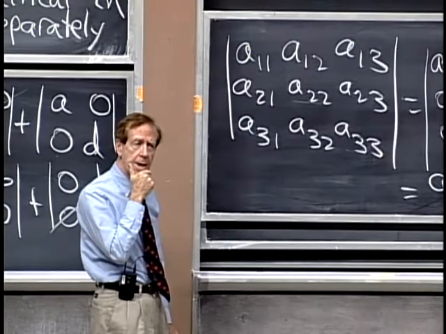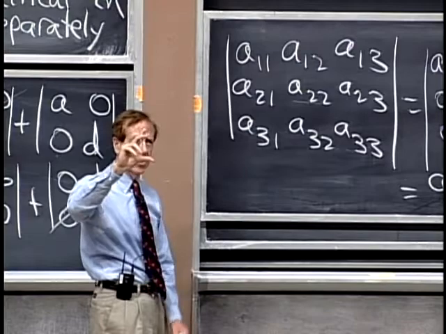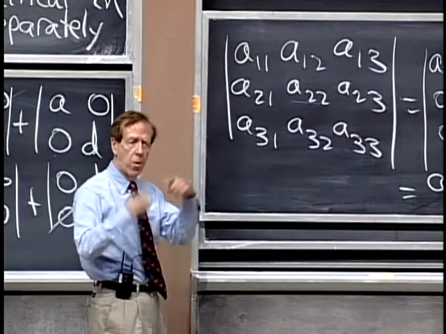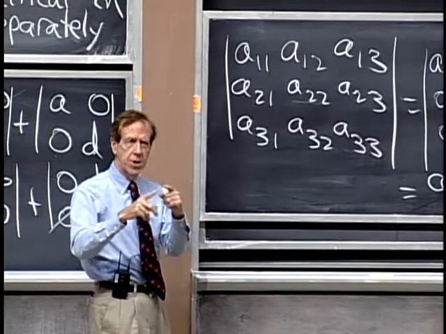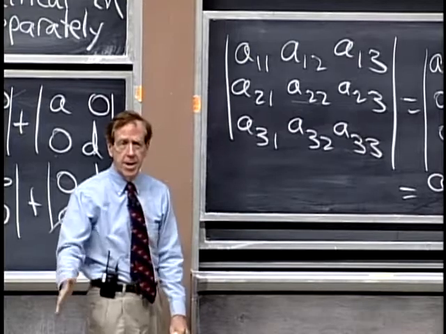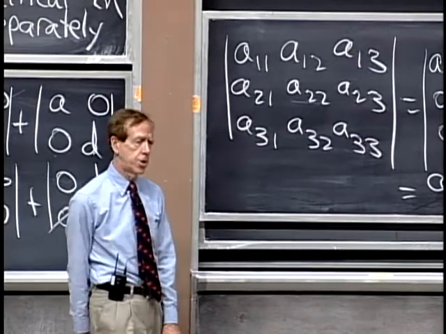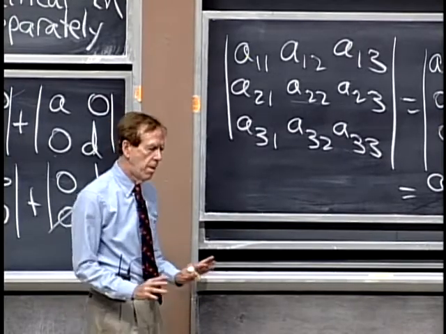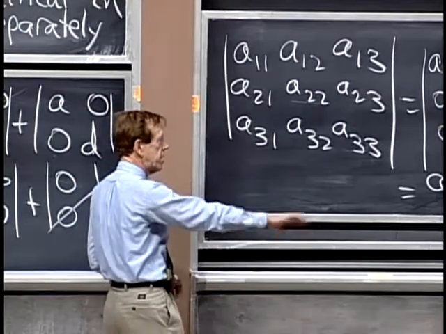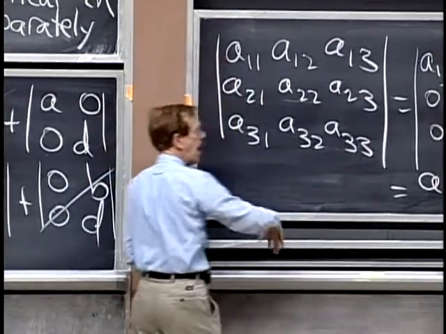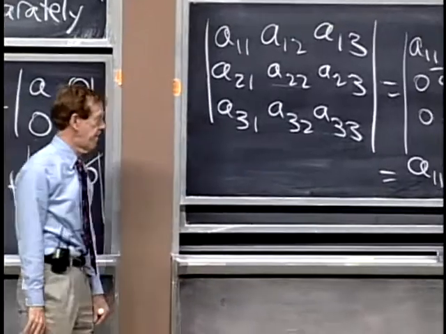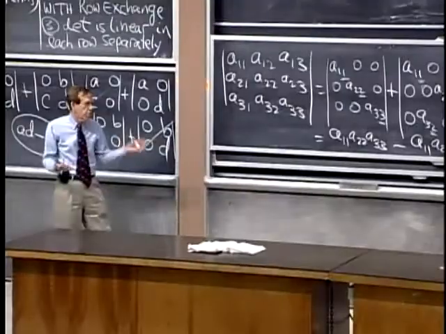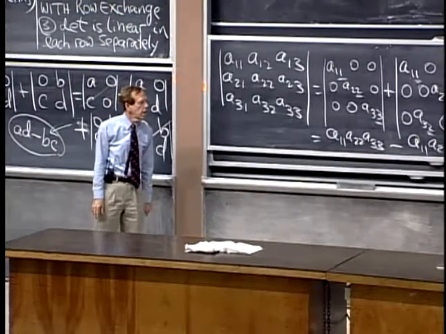Because if I exchange rows 1 and 4, and then I exchange rows 2 and 3, I've got the identity, and I did 2 exchanges. So this down toward Miami and down toward LA business is for 3x3 only.